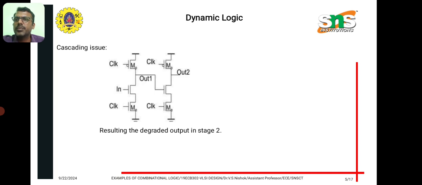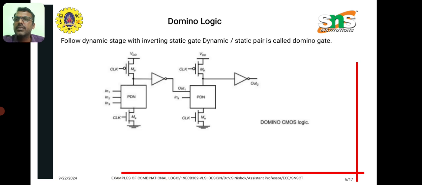On the output path there is no inverter. Here we place the inverter, which reduces the cascading problem, that is the degrading of output in cascading situations. This is the basic structure of the domino CMOS logic.